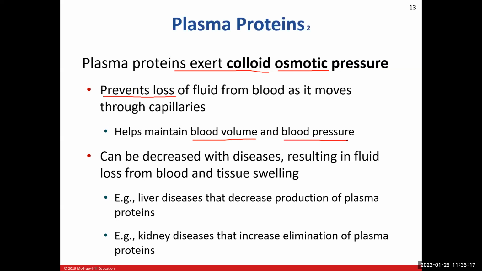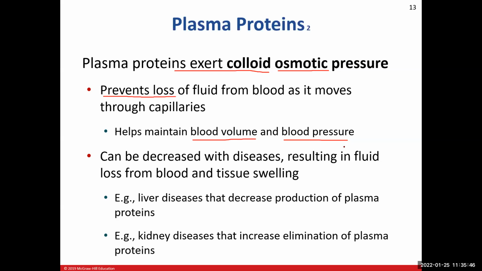So colloid osmotic pressure, it's an important term, helps to prevent fluid loss from the blood. Certain diseases can mess around with our colloid osmotic pressure. Perfect example, if we damage the liver, it makes a lot of these proteins. So if you have cirrhosis of the liver, you can decrease the colloid osmotic pressure.